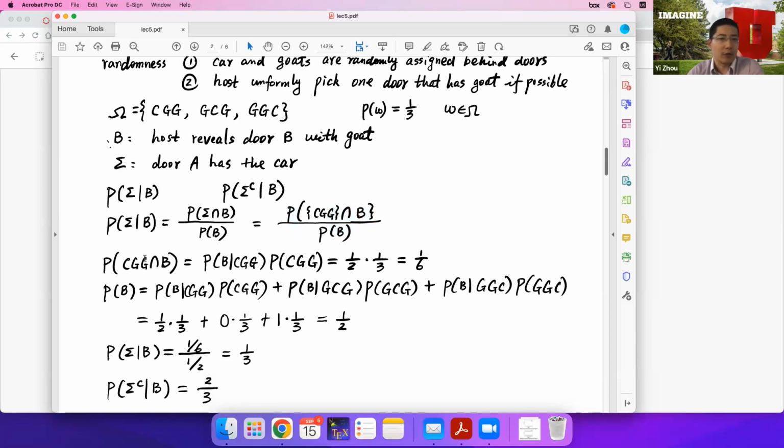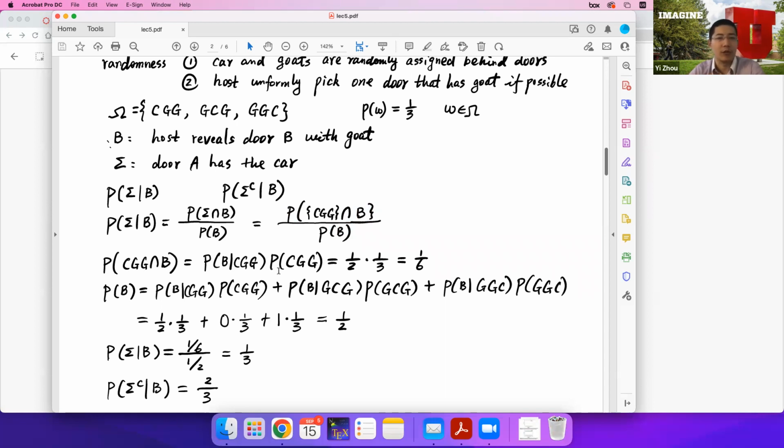So for the numerator, for this joint event, we can look at this by the Bayes rule, right? We can decompose the numerator using the conditional probability the other way around. So we're looking at the probability of B conditioned on this event, multiplied by the probability of this event.